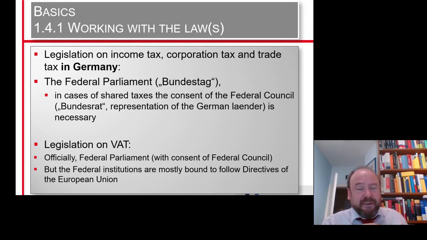The legislation on the value-added tax, so the tax on turnover, is something special, because here officially the right to legislate lies still with the federal parliament and with consent of the Federal Council.